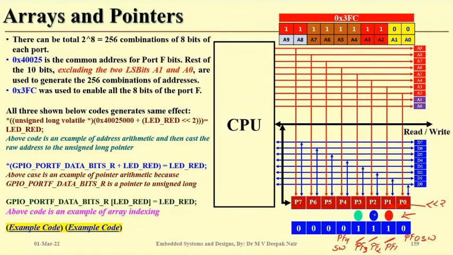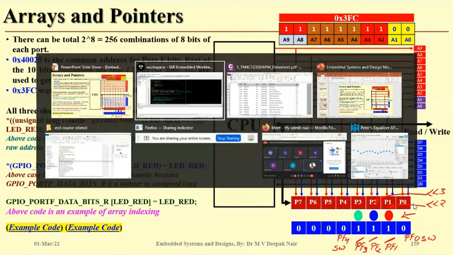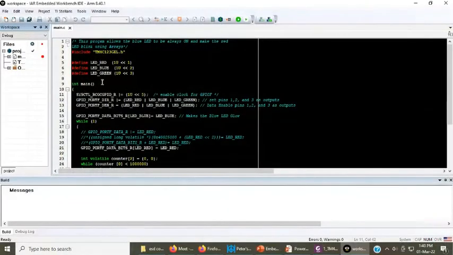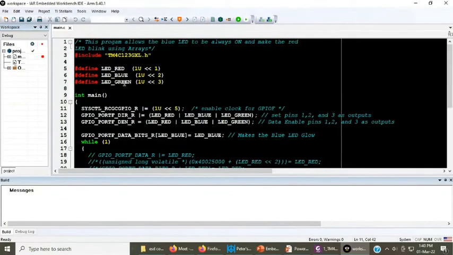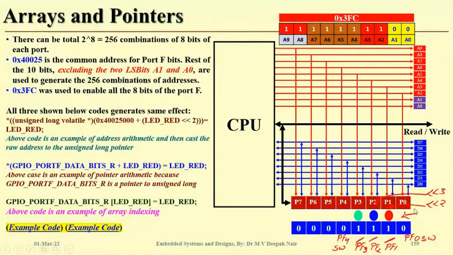If I want to come to this, PF2, then in that case it will be just 3, and similarly 1. So let us keep an eye on that and check these things. Sorry, this is 0, this is 1, 2, 3. Okay. So 1, 2.